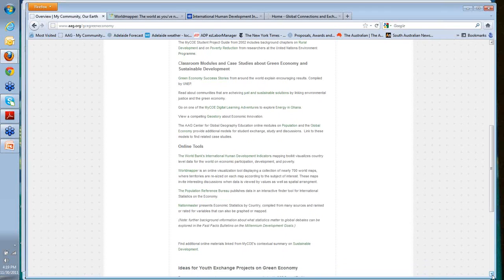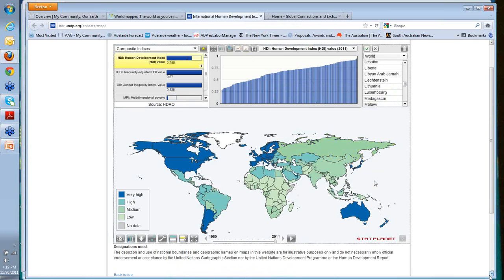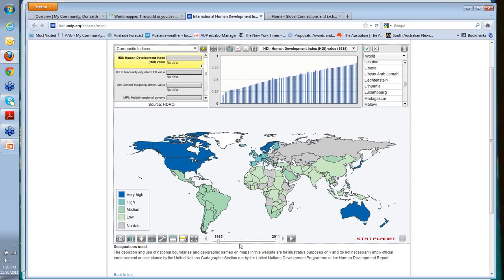And then I want to look at the online tools that we talked about. The first one being this interactive map from the World Bank. It's very interesting because there's a lot going on here. You have a lot of statistical data represented, including this timeline, which would allow you to step through and see changes in the data in 5-year increments.